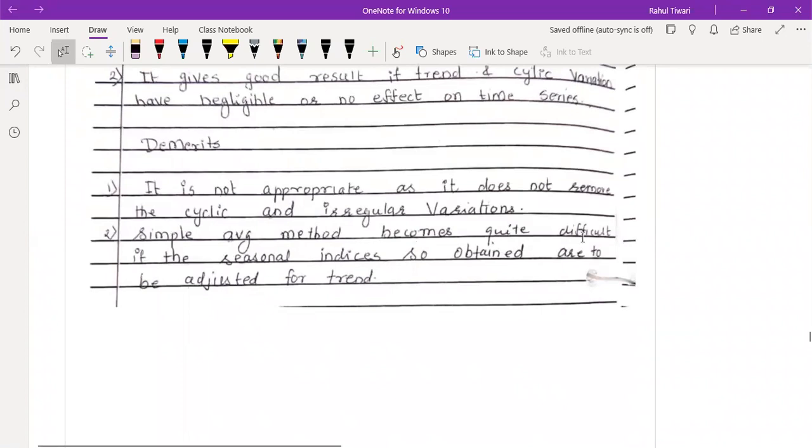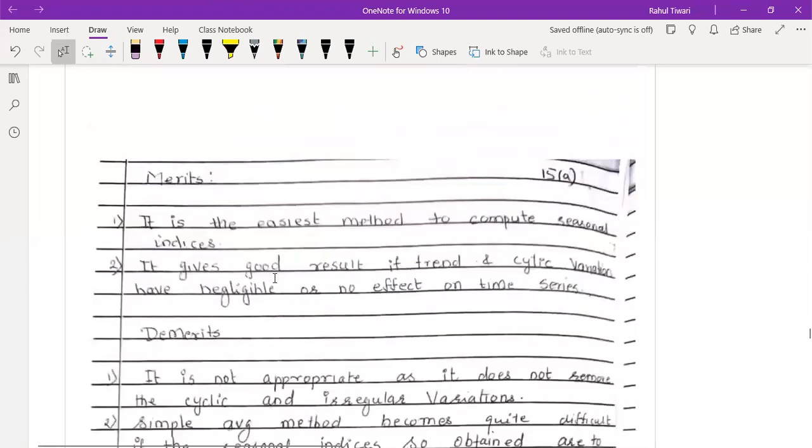The simple average method becomes quite difficult if the seasonal indices are not adjusted for the trend. I will tell you the concept.